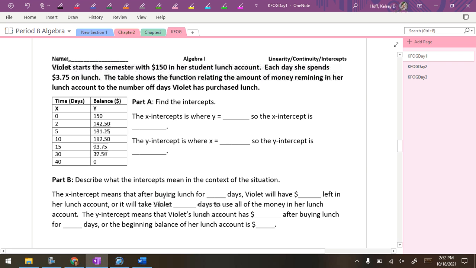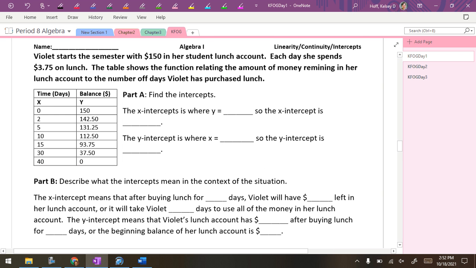Flip it over. Violet. God, TikTok gets in my head with Violet. There's a thing on TikTok about Violet. Drives me. I don't have it, but I watch it.